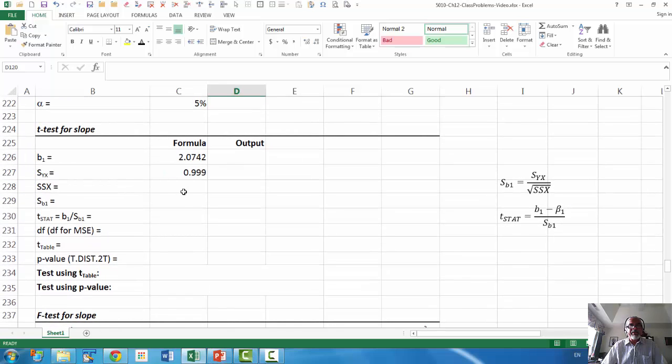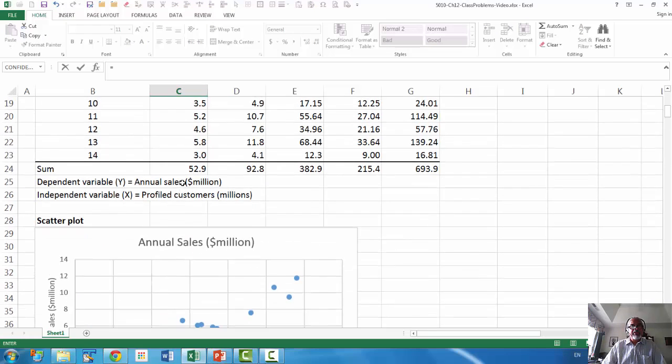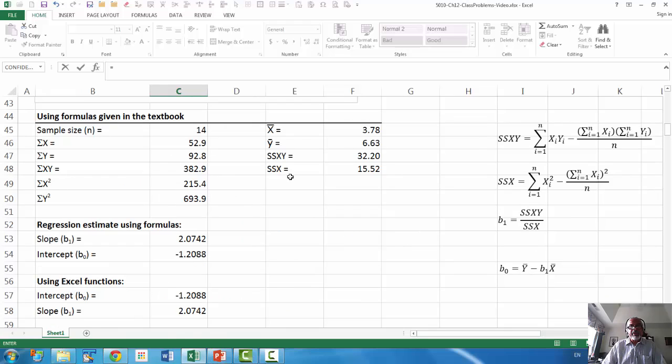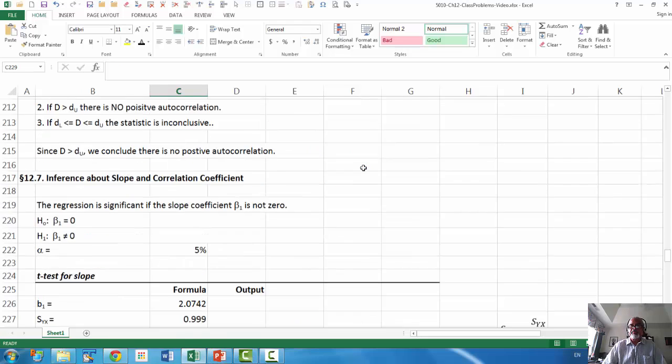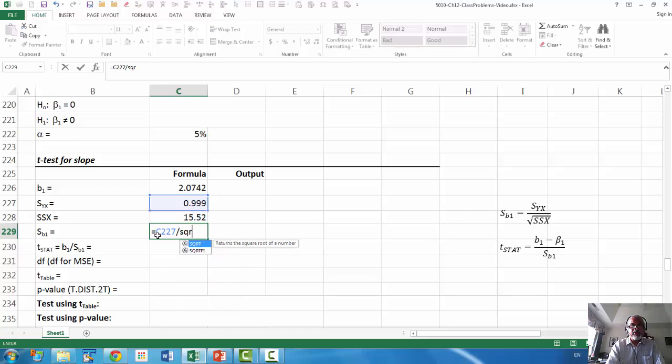Okay, so now we have that. Now SSX is from the very first table that we set up. So here SSX is right here. S sub b sub 1 is the standard error of y given x divided by the square root of SSX.